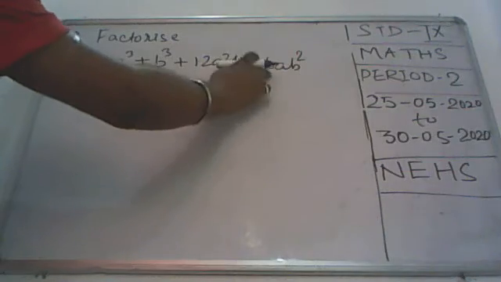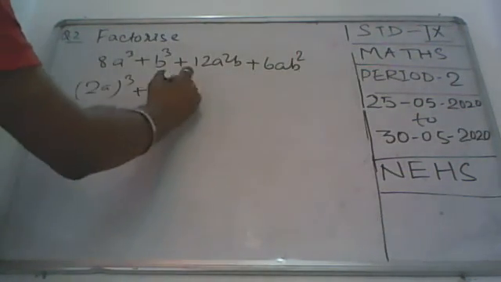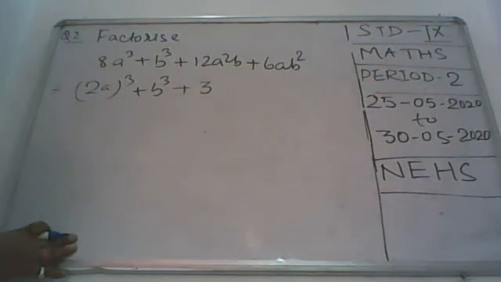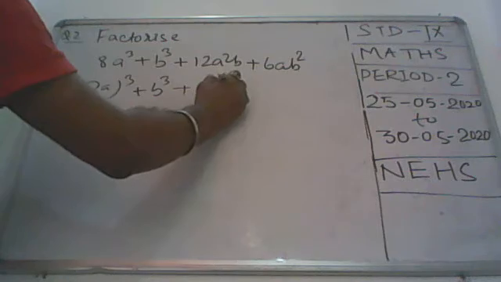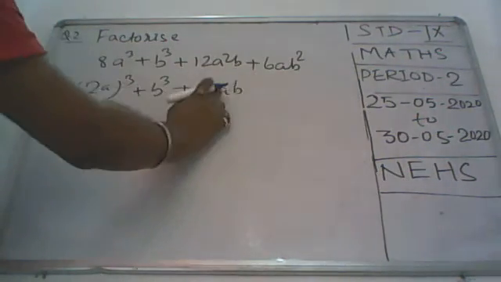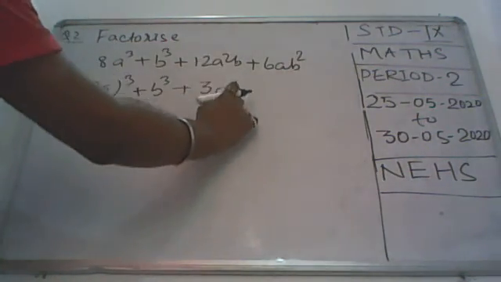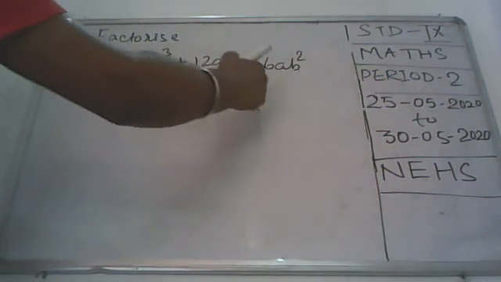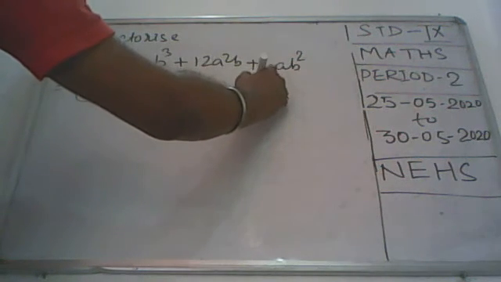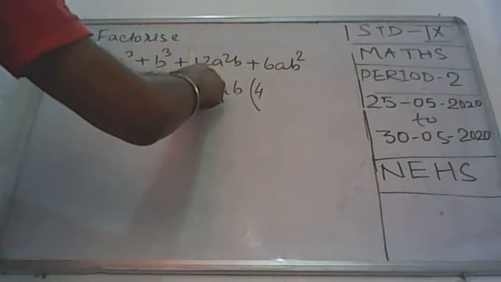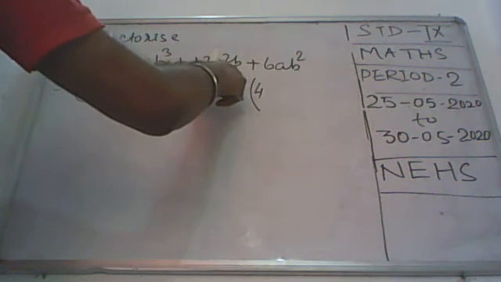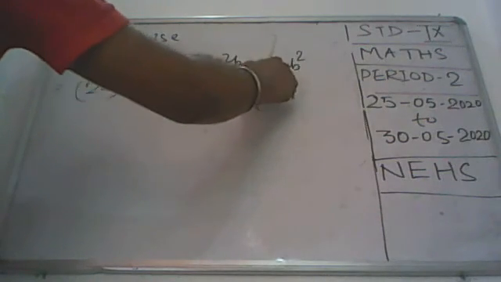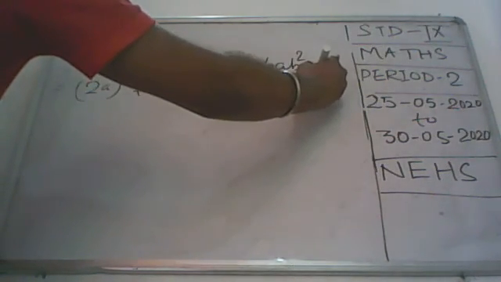In the other two terms, suppose I take 3 as a common factor outside, and a and b are here, the lowest power of a is 1, the lowest power of b is 1. So inside will become 3 for the 12a square b, 4a plus b.